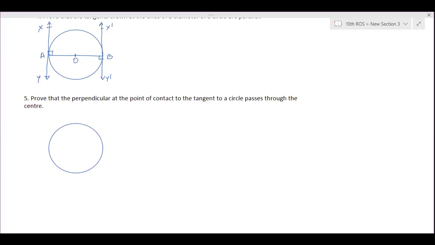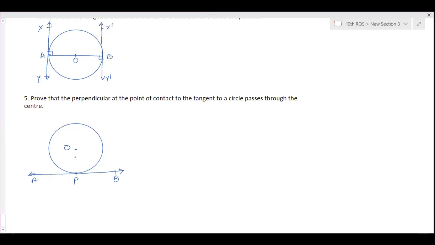So we have to take a tangent. This is a point of contact. This is center O, P, A, B. AB is a tangent, passes through the point of contact P.